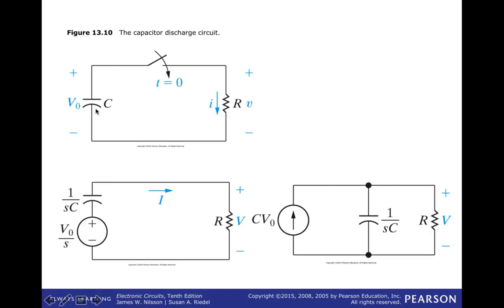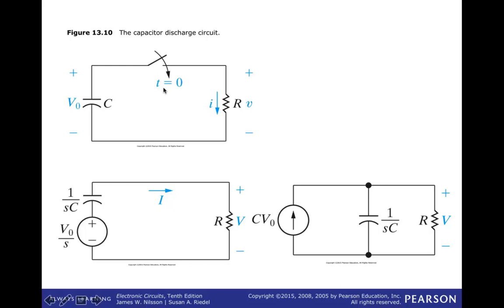So here's an example of a simple RC circuit. We have a capacitor with an initial voltage. At t equals 0, this switch closes, and some current will flow through the resistor. Without really solving this circuit, let's look at what would be involved in transforming it to the Laplace domain.